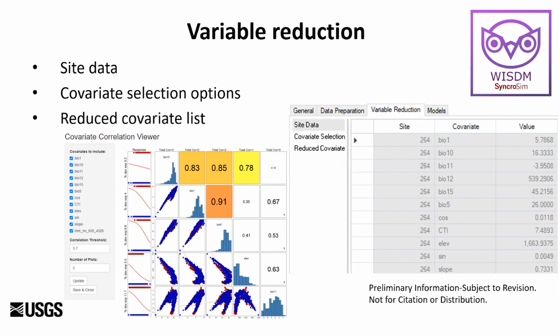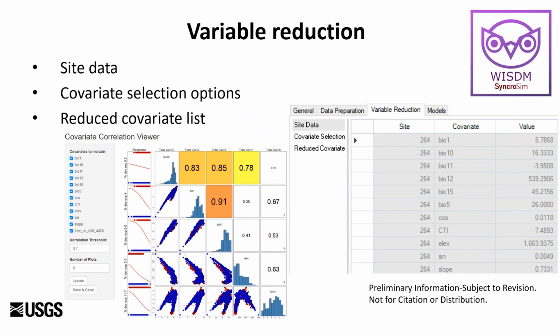So for variable reduction, you have a set of covariates that you've provided, but you may not actually want to use those all in the development of the model. So we have site data that relates the field data that you have to the values for those covariates at those locations. And then there's a covariate correlation viewer, which is shown here. And this is just an image to try to help you decide what covariates you may want to include versus drop.